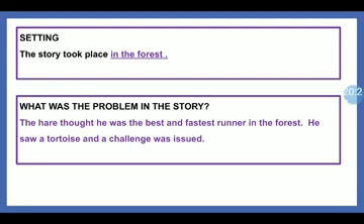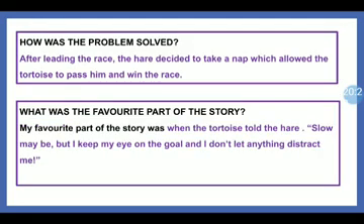You keep it as compact as possible. Now, how was the problem solved? Well, after leading the race, the hare decided to take a nap, which allowed the tortoise to pass him and win the race.